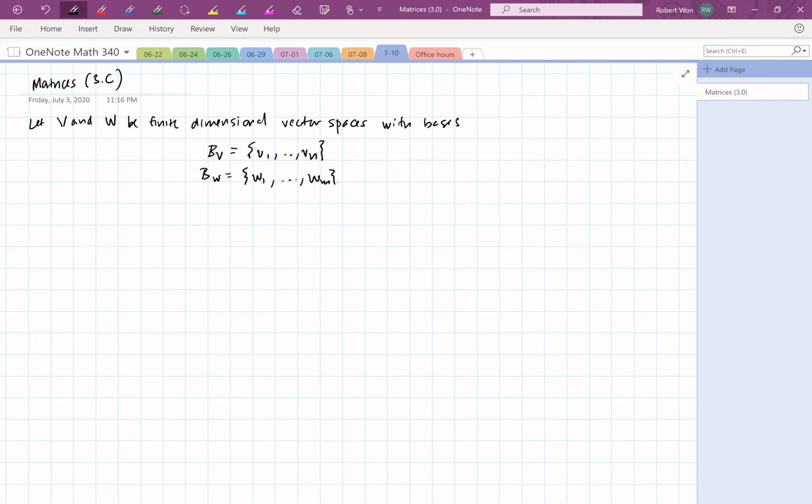Okay, now we know that one thing that we saw was that any linear map T from V to W is determined entirely by where it sends the basis vectors.